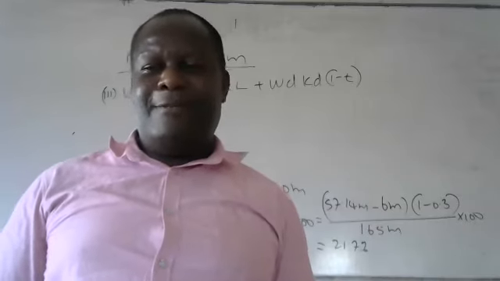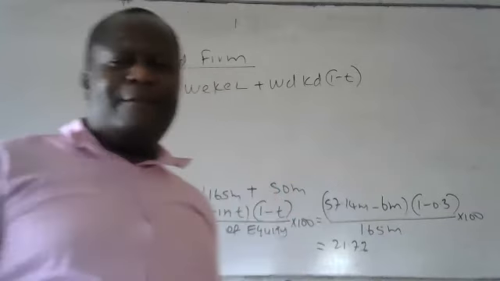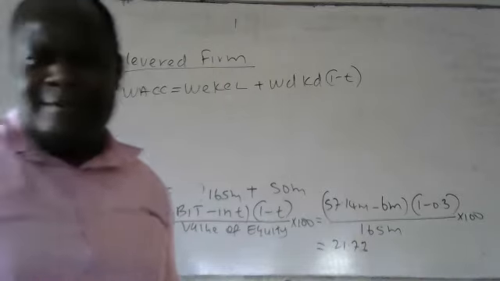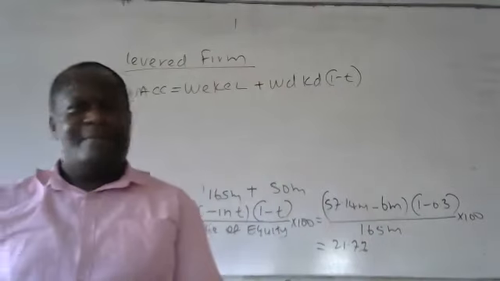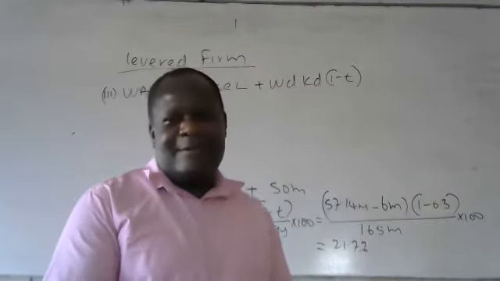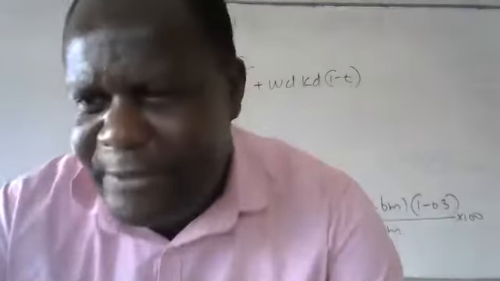Then I'm also wondering, why should you add the 6 million on the 57.14? What is the 6 million? It is the interest. So why should you add it in the first place?